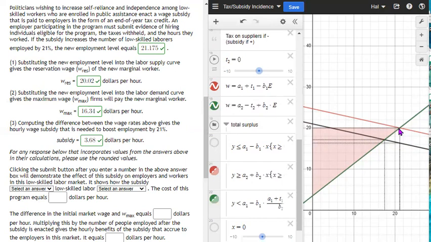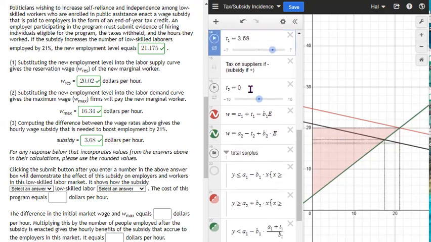The worker is receiving $20.02, right? Each worker is receiving $20.02 now, right? Because that's where supply and demand meet, right? They meet at this point here. So the wage that is being offered is $20.02, right?